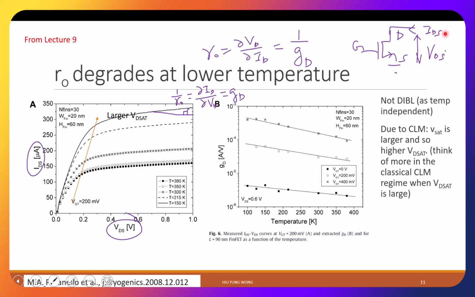If you do VDS divided by IDS, of course, that is the output impedance. If you do the reverse, it's the output conductance. Resistance and conductance, just take the reciprocal. Let me pause a little bit. Is this concept clear? This is a very important concept. If you forget everything else, any question about this output conductance and output resistance?